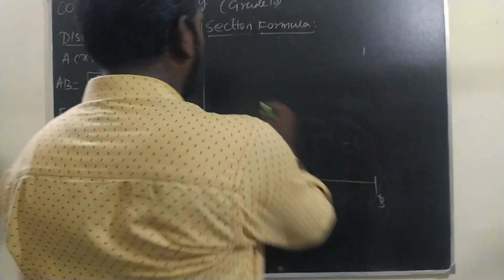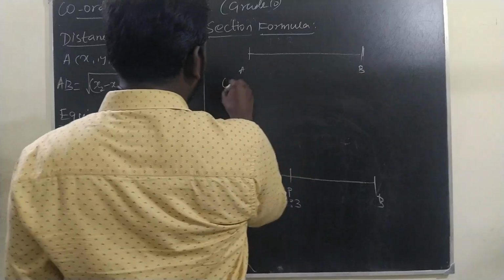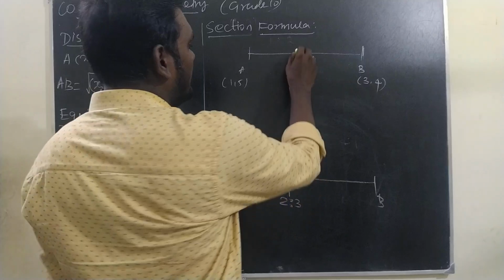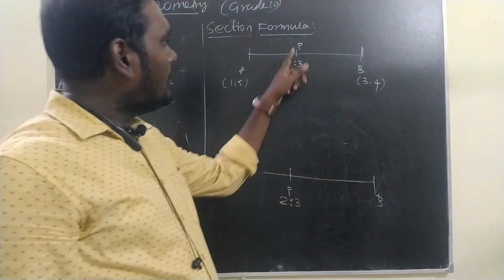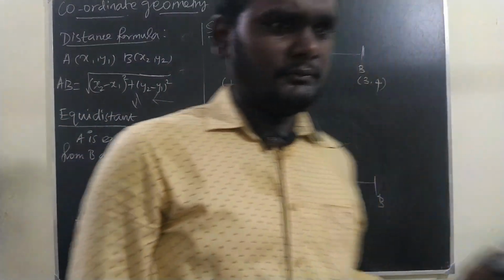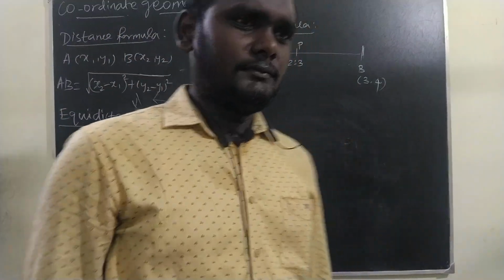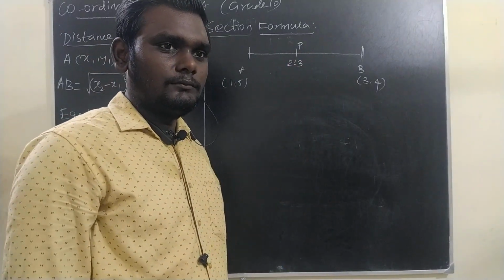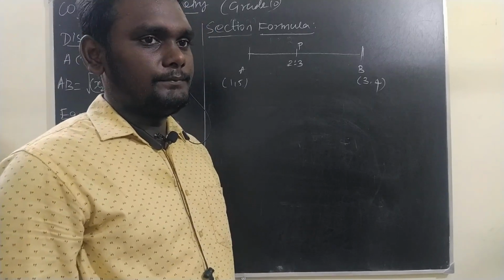Suppose this line segment AB, like this is 1, 5, this is some 3, 4, is split by this point in the ratio 2:3. What could be the coordinate of this point? Coordinate means what? This point also will be represented like this, no? That's what we call coordinates.